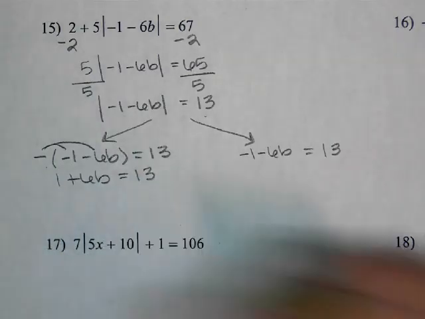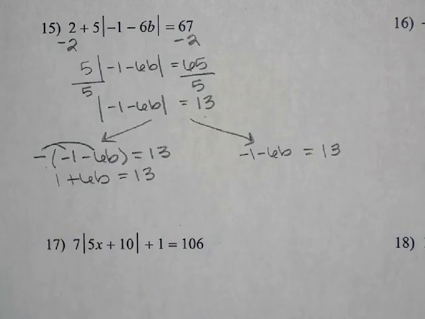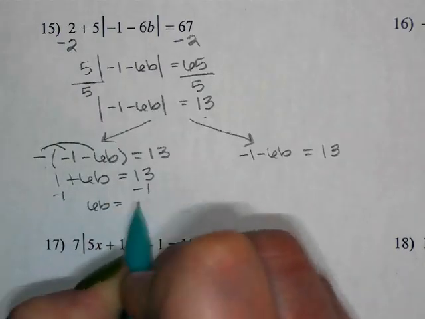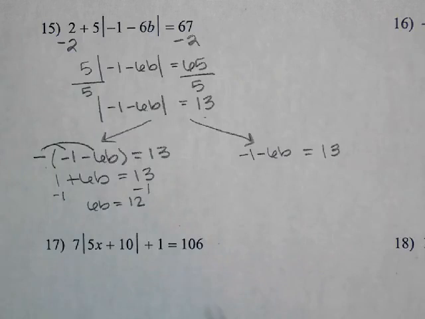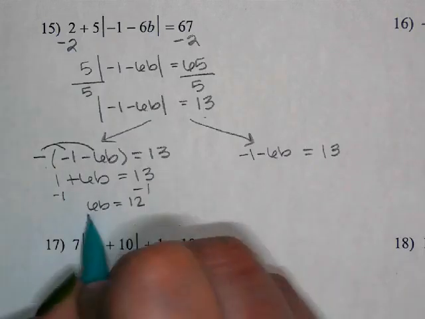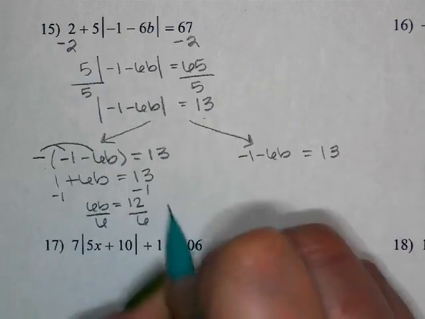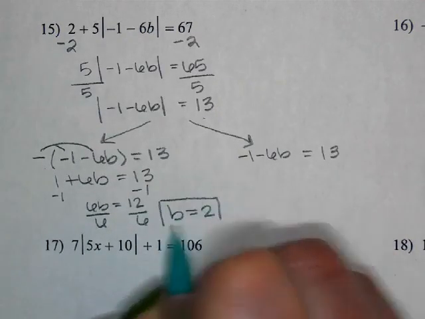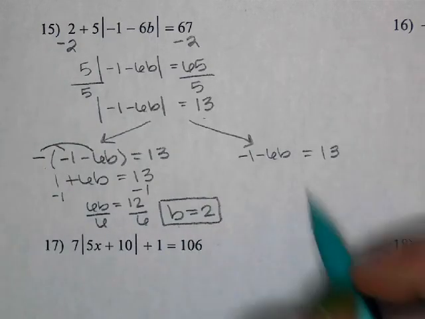And then what do we have to do? Subtract the 1. And then what do we have to do? B equals 2. Okay? And what do we have to do over here? Add 1.